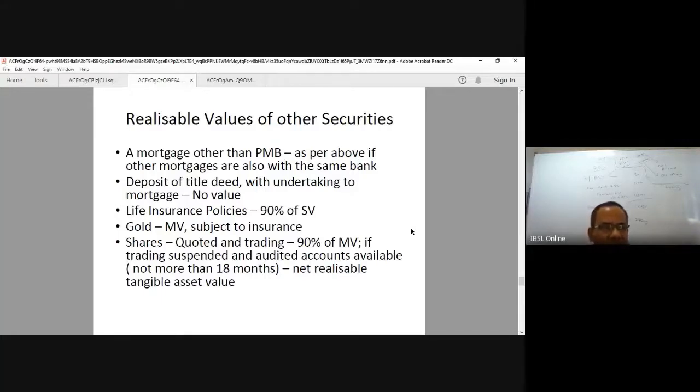A secondary mortgage bond where the primary is elsewhere. Let us say some bank, HNB, is having the primary mortgage bond, and Ceylon is taking the secondary mortgage bond. You can't take it for this particular calculation, right? For this provision calculation, it will be almost like unsecured.